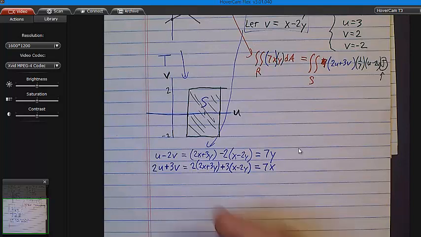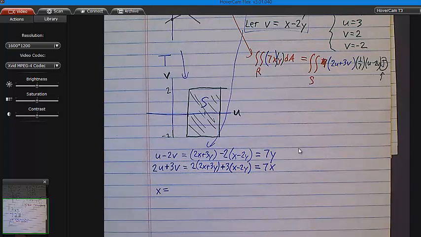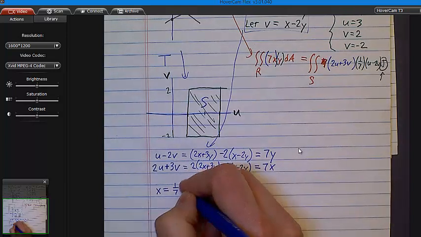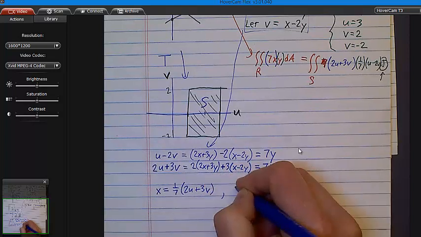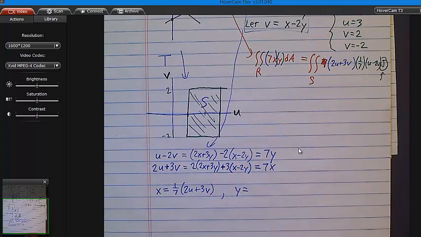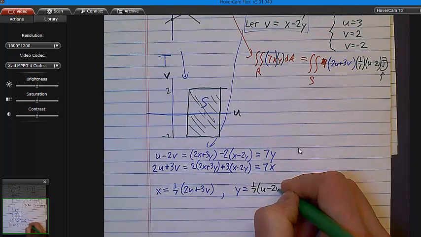Let's say very clearly what x is. X is 1/7 of 2u plus 3v, right? And y is what? I did it in green last time. Y is, that's it, 1/7 of u minus 2v.